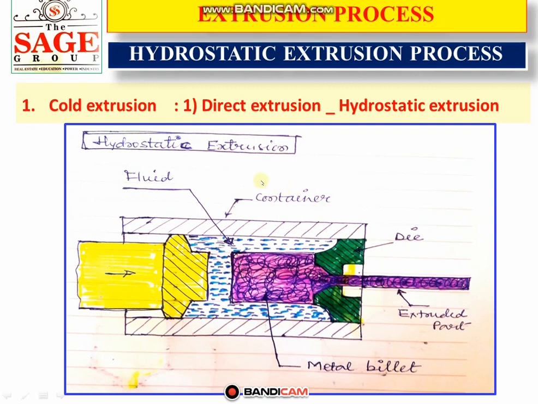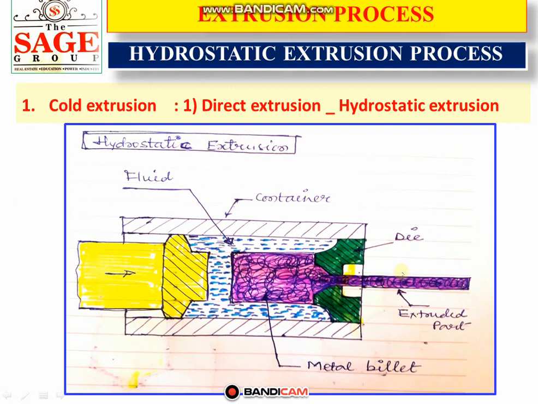So how does the process work? When the ram or plunger moves in this direction, it applies large pressure on the fluid, and the fluid gives the required pressure on the surface of the metal billet. The metal billet starts to flow and comes out through this opening of the die.